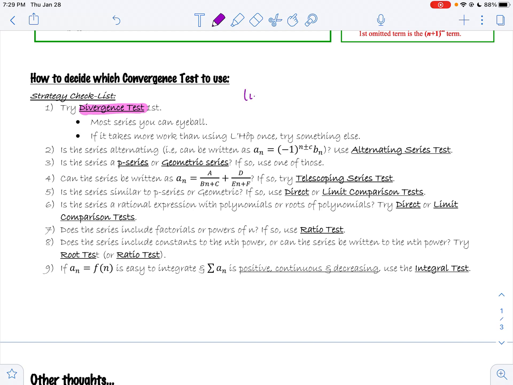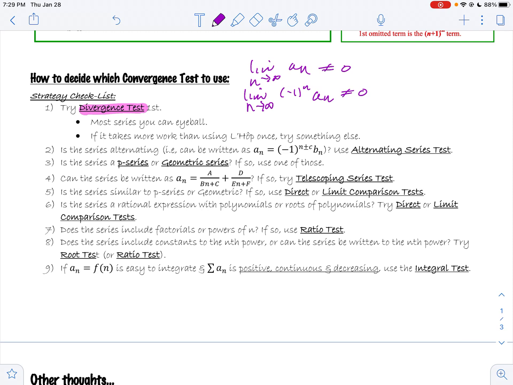And that's because, let's say it this way, the limit as n approaches infinity of negative 1 to the n times a sub n is no different than just asking what's the limit as n approaches infinity of a sub n, if the limit doesn't equal 0.